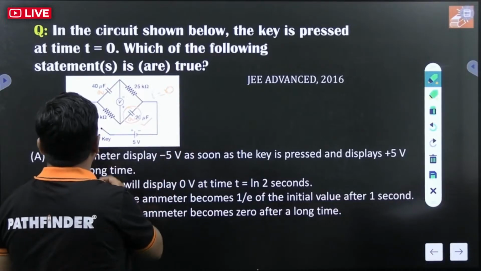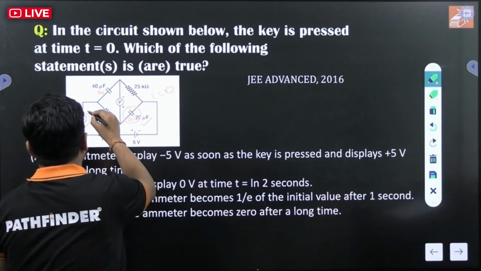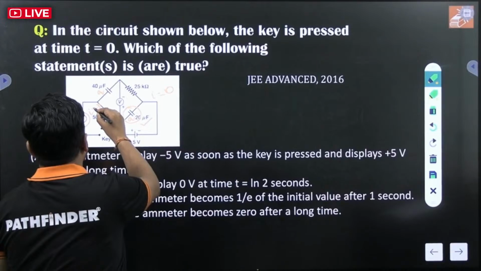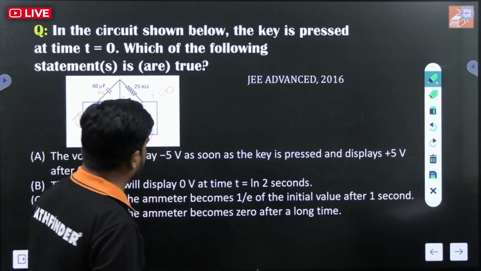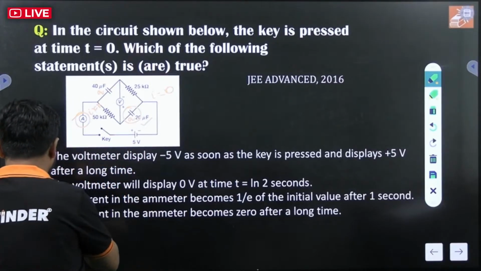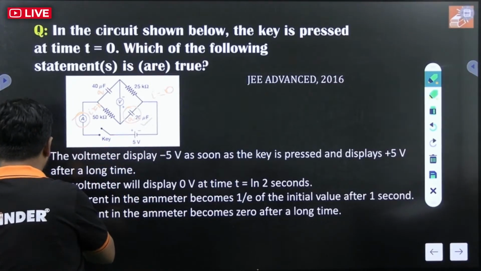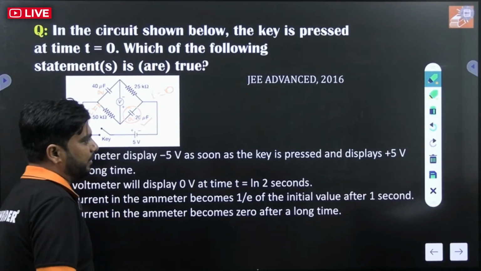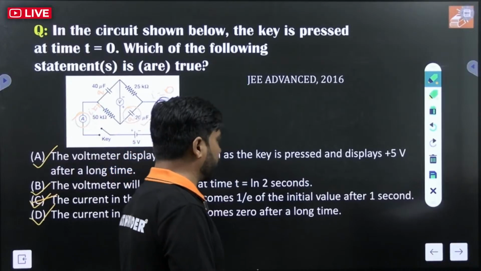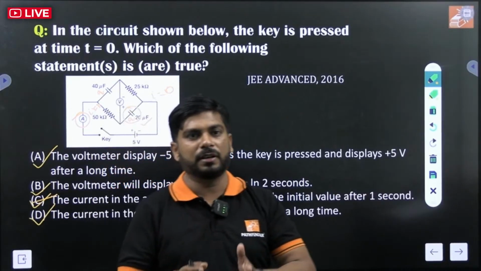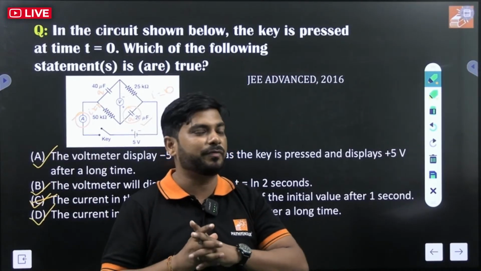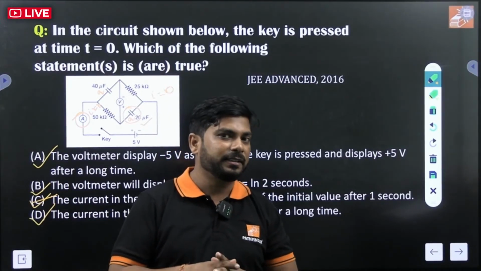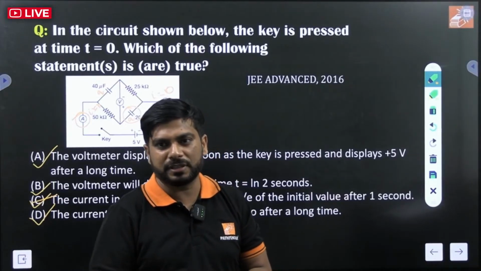If there is no current in the circuit, definitely this ammeter is going to show 0 current after a long time. So this option is also correct. So all the 4 options A, B, C and D are correct. So if you mark all these 4 options, you are going to get full marks. So this is the approach you should follow while attempting any JEE Mains or Advanced question.